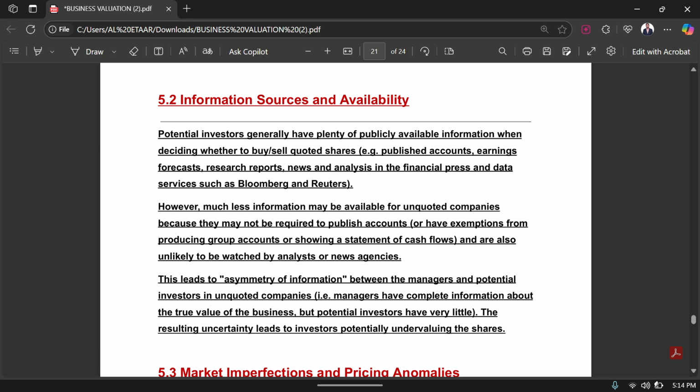They are not liable to the public, right? Therefore, since very little information is available, if I am an investor and I want to invest in ABC company and there is nothing available about that company in public, obviously I will be a little reluctant to invest in this company. So that's the point that they're trying to make.